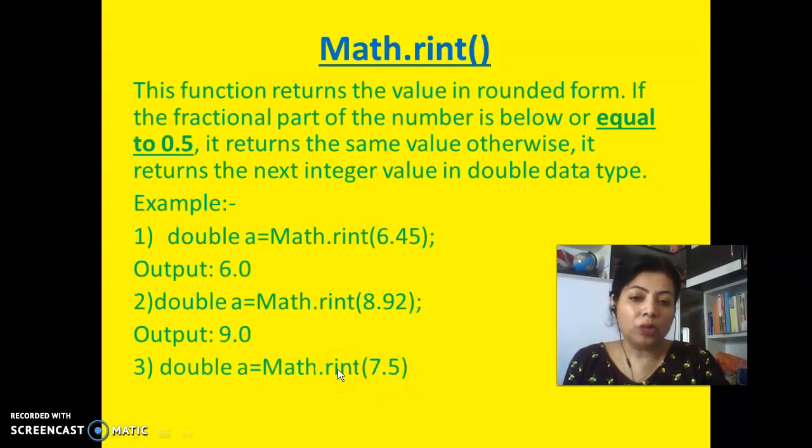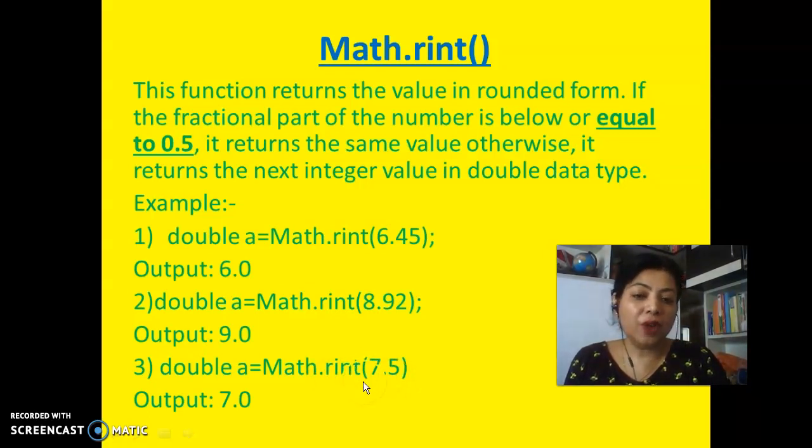Now take one example which is 7.5. If we write round instead of rint, then 7.5 becomes 8. But in rint, this is the only difference: if it is up to 0.5, no change. So it is 7 only. But with Math.round of 7.5, we have to increase by 1, so it becomes 8.